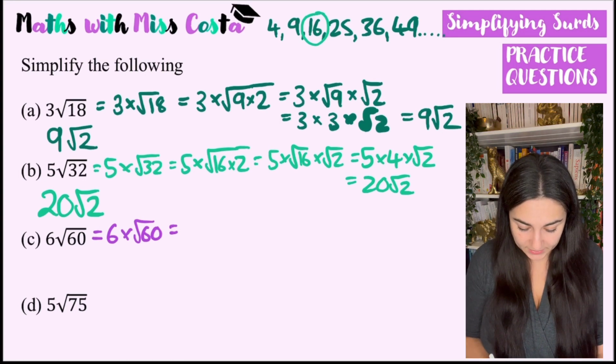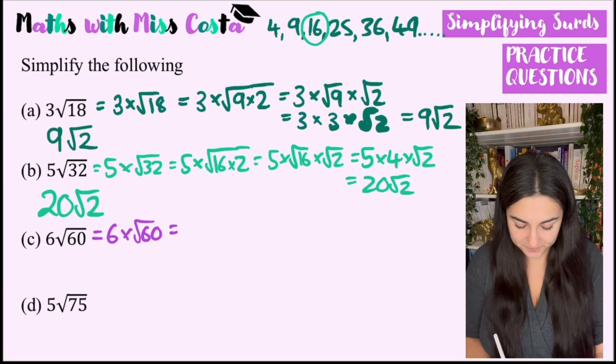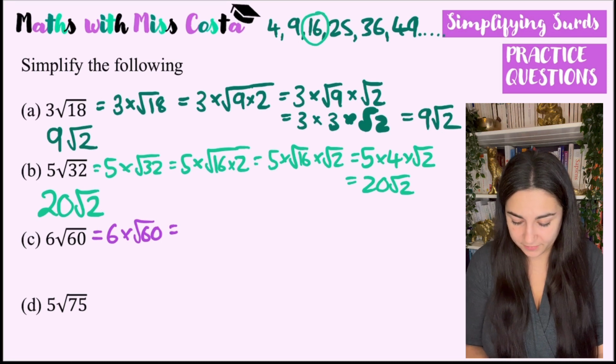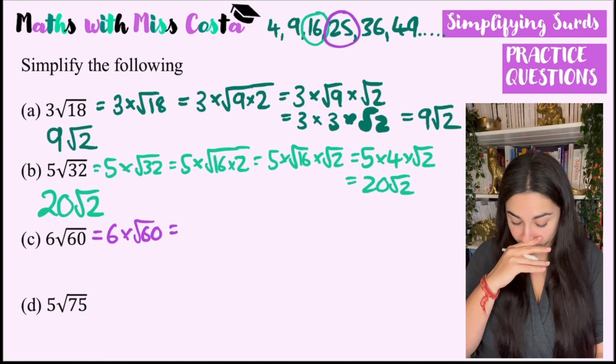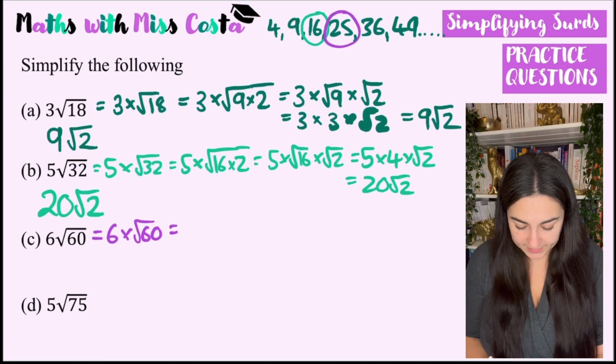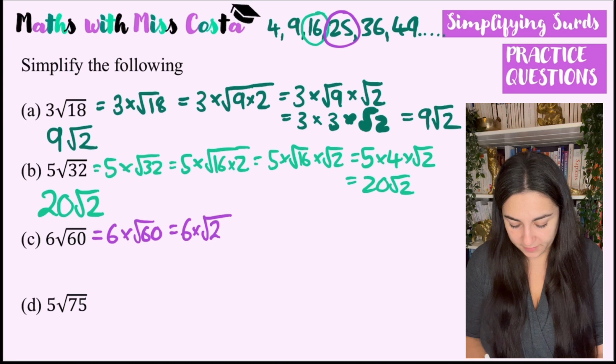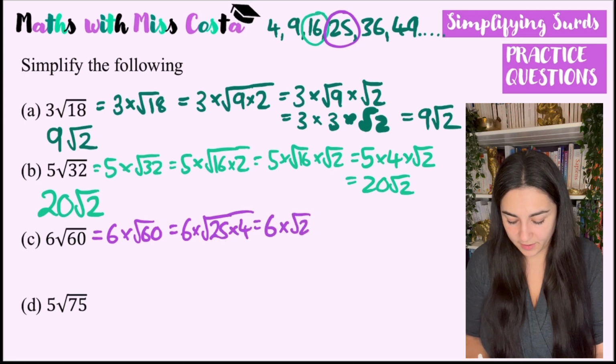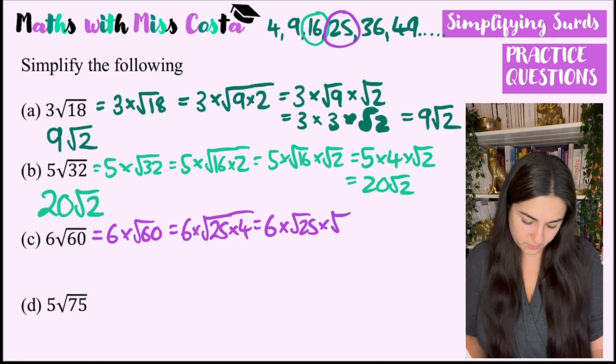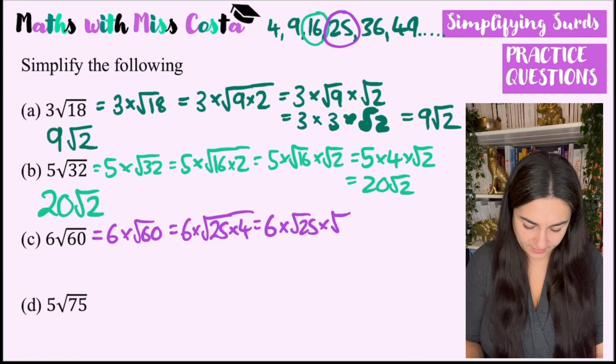So what's the largest square number that would fit into 60? That's a good question. 4. Okay, so 60 divided by 4 is 15. So 6 times root of 15 times 4, split that up, would become 6 times root 15 times root 4.